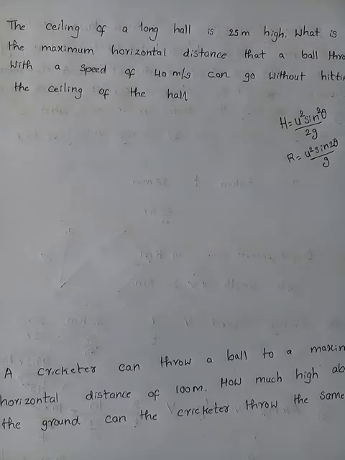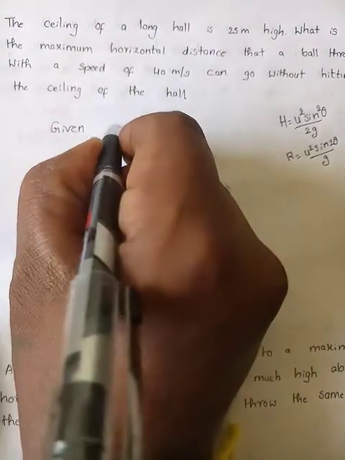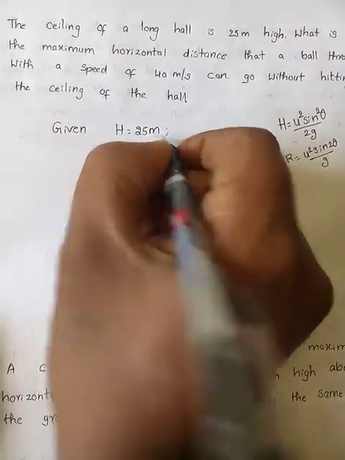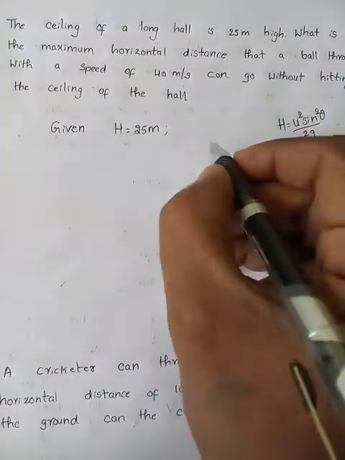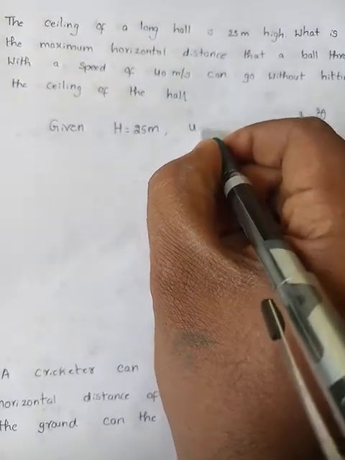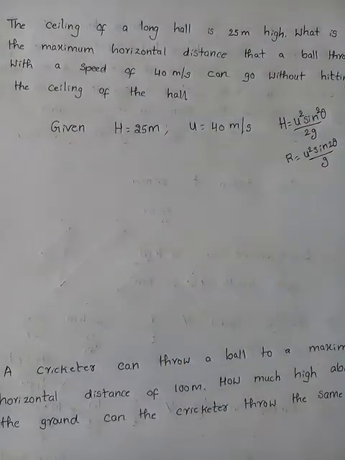So, we first have to find theta. With what angle should we project so that it does not touch the ceiling of the hall? What are the given things? The height of the hall is 25 meters, and the initial velocity is 40 meters per second.